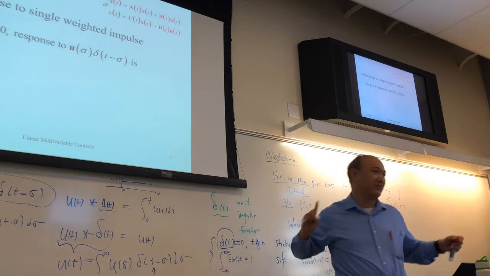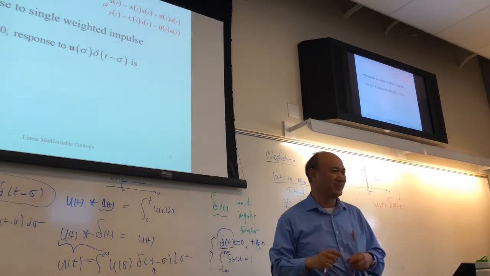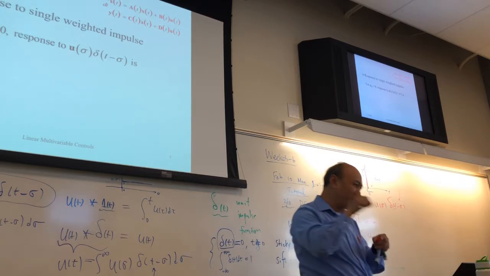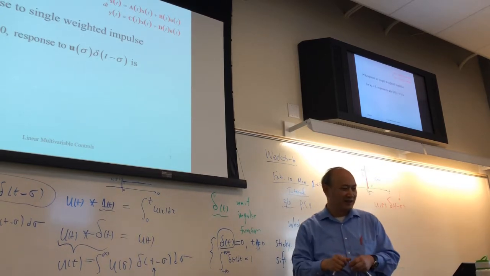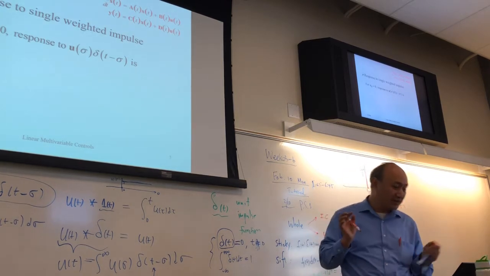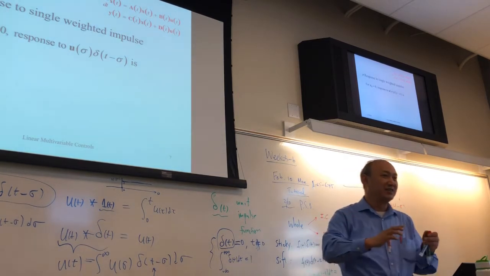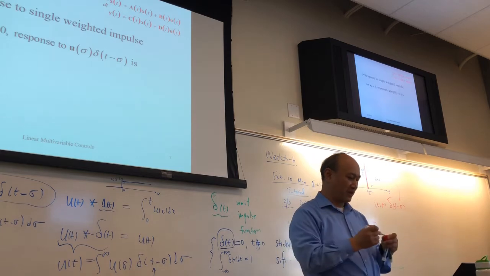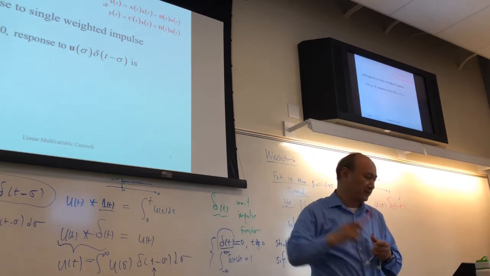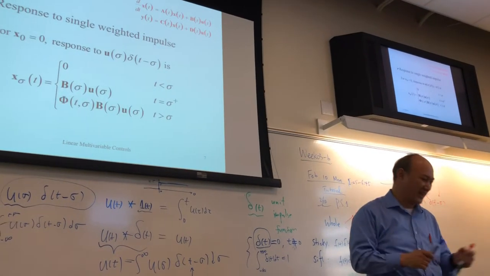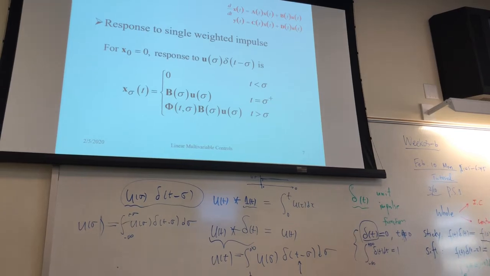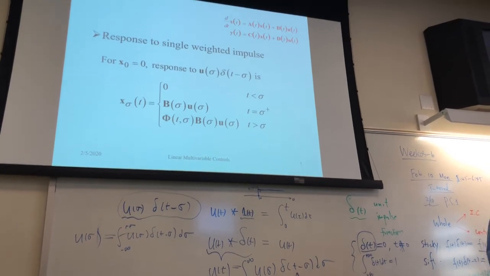Basically, I give the system an impulse, like acupuncture. You have a needle, poke it, and then see how the system responds. Then we add all these things together, and that is the real response with respect to u(sigma). That's the idea. If we go back, we'll see that when t is less than sigma, everything will be 0.